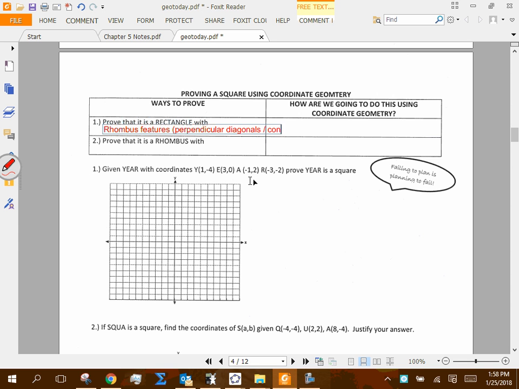Or maybe consecutive sides congruent. If you're able to show first that it's a rectangle, so show you have a right angle, and then go through and say, okay, well, diagonals are perpendicular, or consecutive sides are congruent, then you've got enough to show that thing is a rectangle and a rhombus. Therefore, it has to be a square.